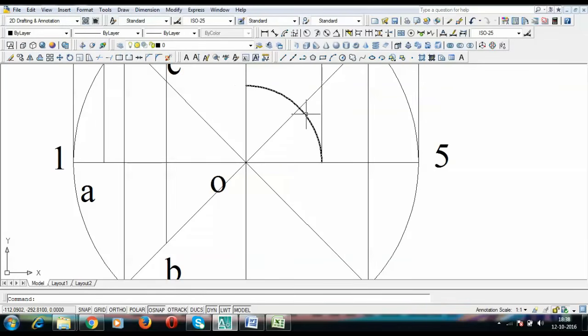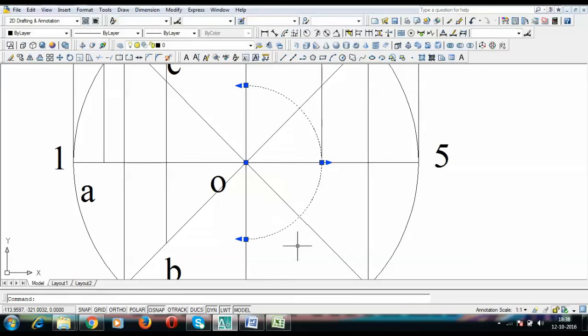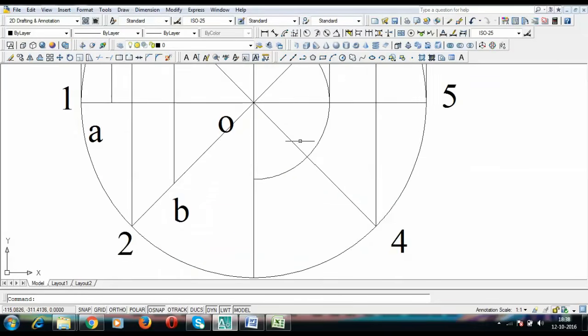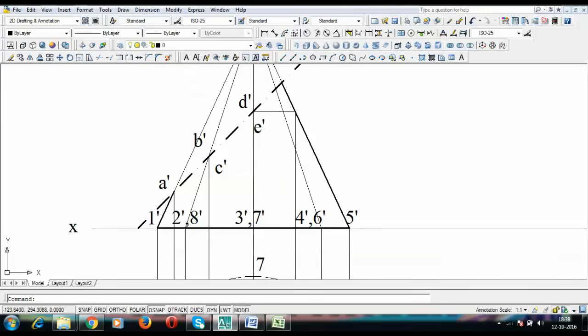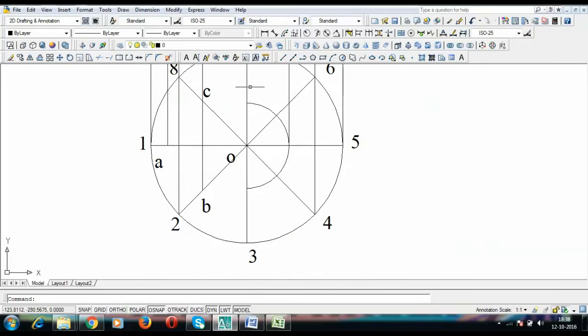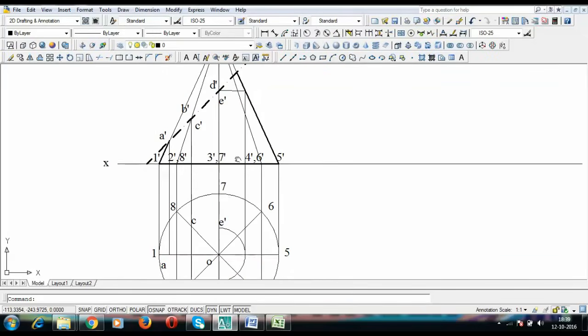All right, the same can be done in the clockwise sense also. So this is A, B, C, then these two points are D and E. So over here we have this as point D dash, and over here we have this as point E dash. Now that's also done. Problem has been eliminated.